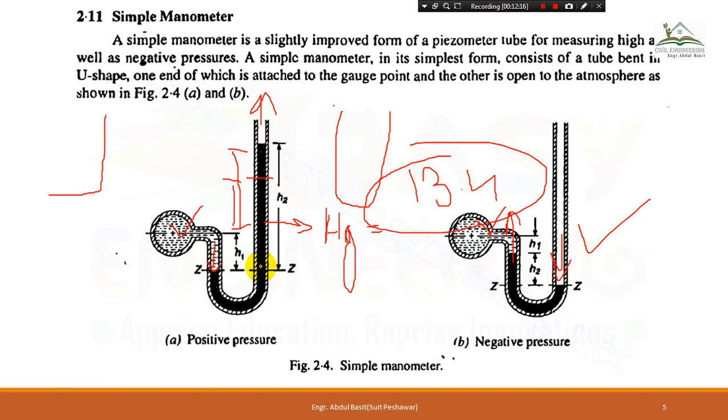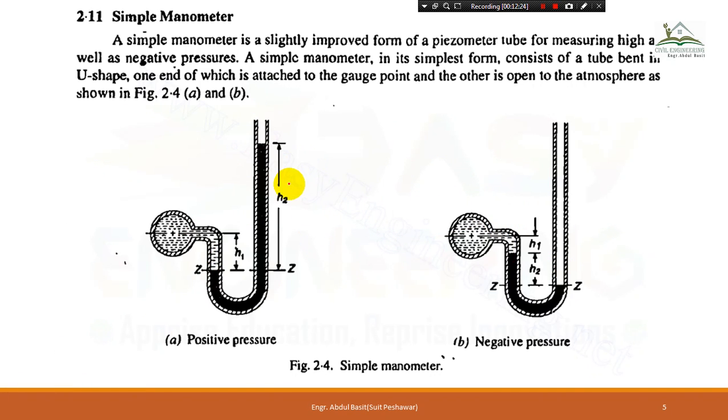Now, practically how we can use it. First of all, let me remove all this. First of all, you have to divide this whole piezometer manometer in two parts. One is the left limb, this one, and this one is the right limb.